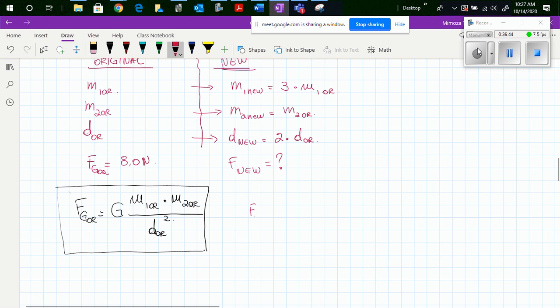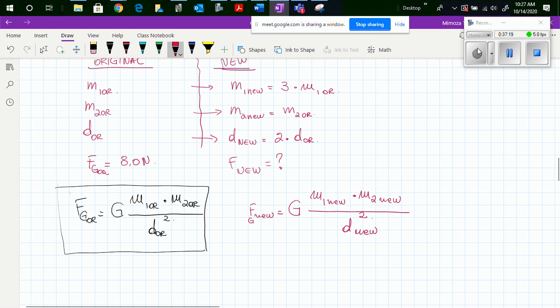And for the new situation, force of gravity will be capital G, which is the same in any situation, mass 1 new, mass 2 new over distance new squared.